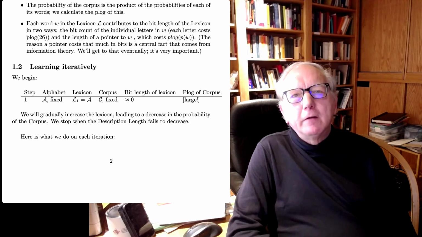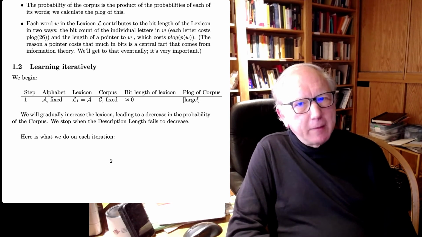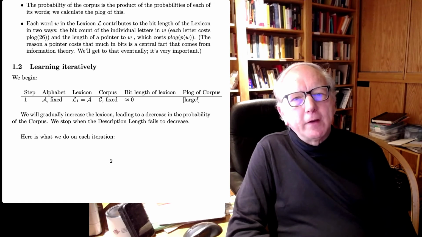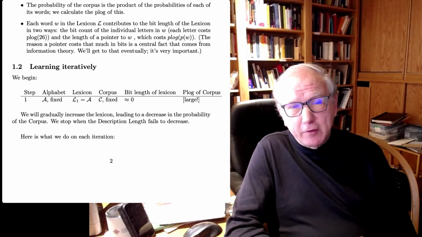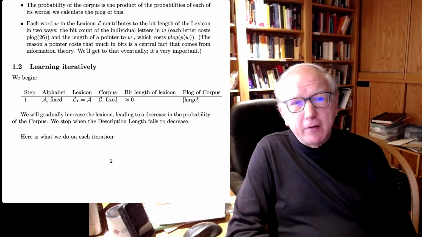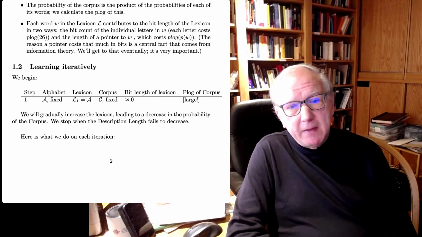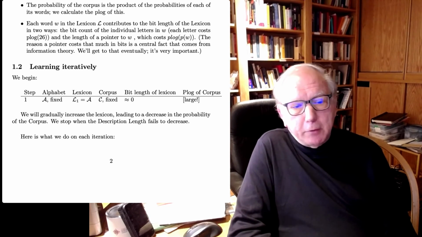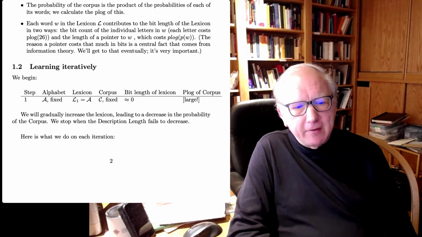And then the plog of the corpus is going to be very large. It's going to basically be a little bit less than 5, the cost of each letter, times the number of letters in the corpus. If it's 1,000,000, that means the plog of the corpus is going to be a little bit less than 5 million.